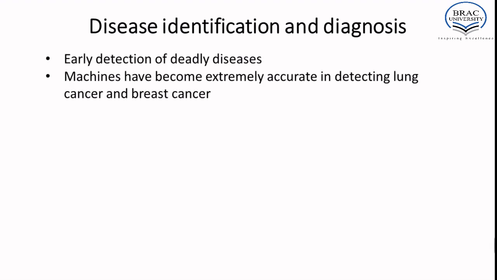Disease identification and diagnosis is one of the main applications of machine learning. It can include diseases like cancer, which are extremely tough to diagnose at an initial stage, to other genetic diseases. With the passage of time, machines have been trained with new and improved data, and as a result, machines have become extremely accurate in detecting diseases like lung cancer and breast cancer.